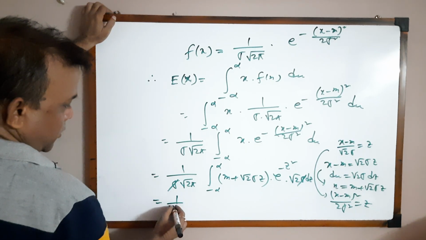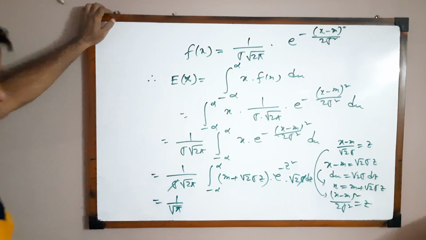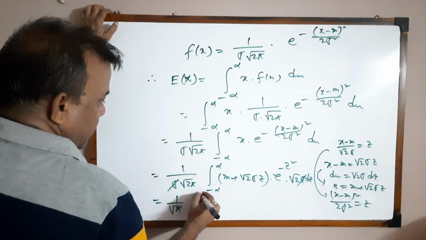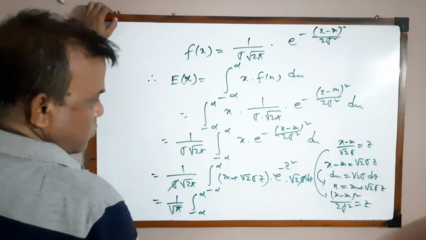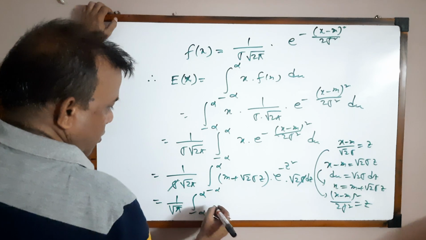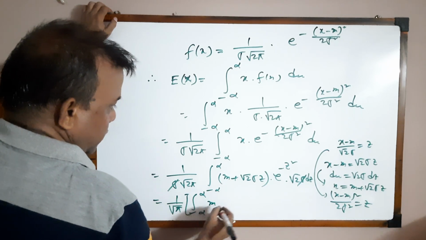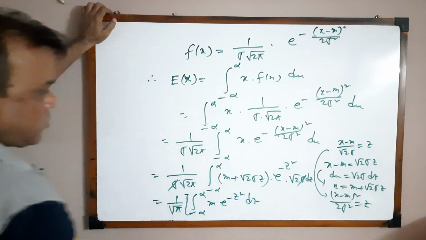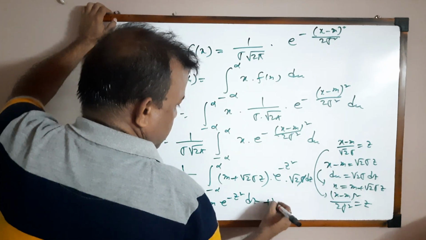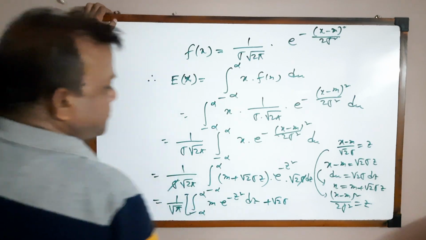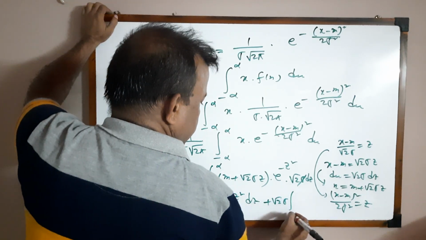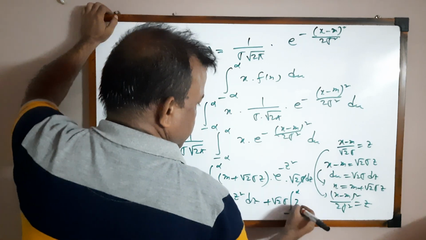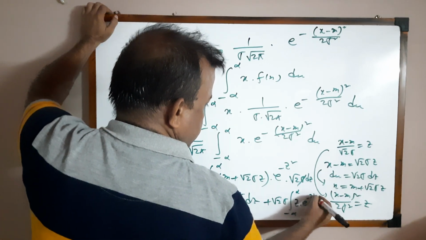Equals to 1 by root pi integration minus infinity to plus infinity m into e to the power minus z square dz plus root 2 sigma integration minus infinity to plus infinity z into e to the power minus z square dz.